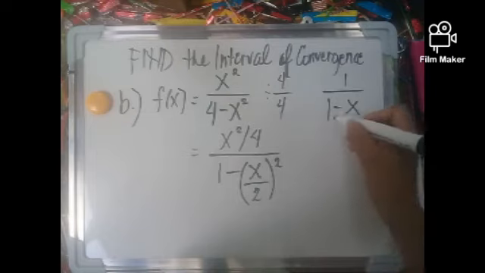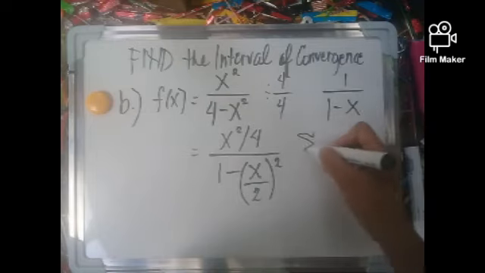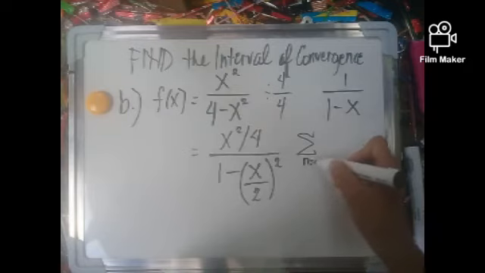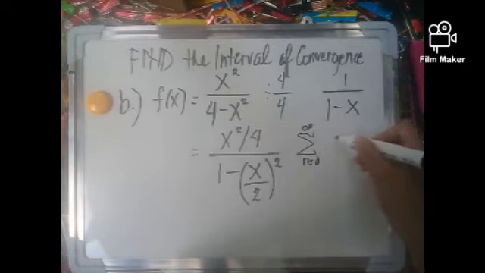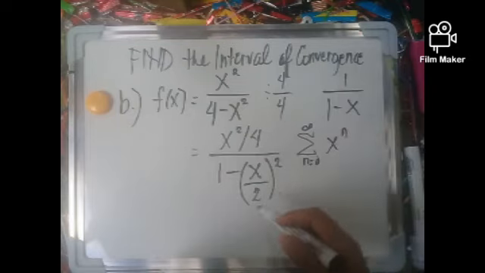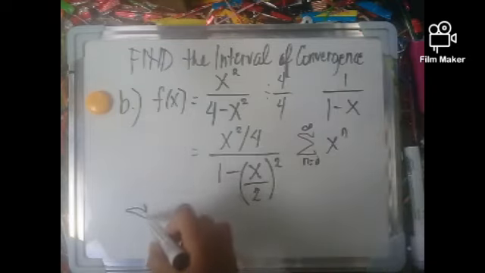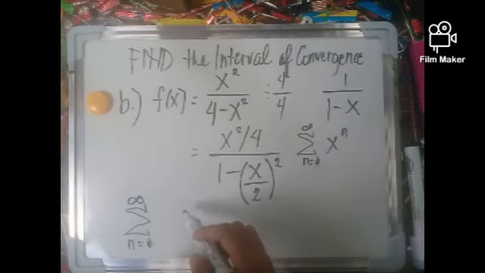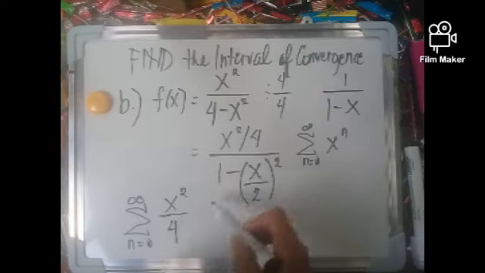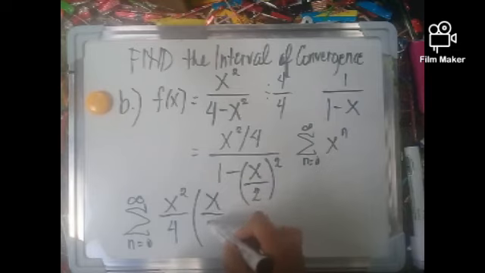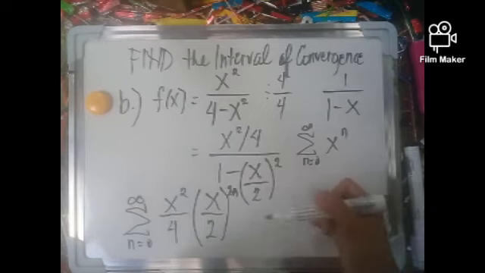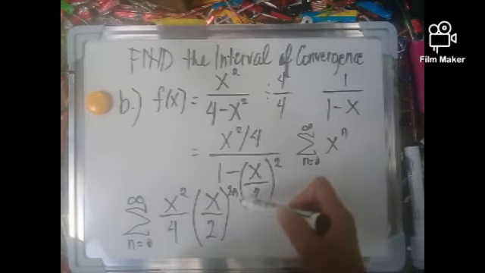So, ito pag ginawa natin sa power series, ay magiging x raised to n. So, we have here the series as n is equal to 0 to infinity of, meron tayong x squared over 4 sa numerator, isasama natin siya times etong x over 2 raised to 2 times n, since may n pa doon. So, ito yung series na nakuha natin.